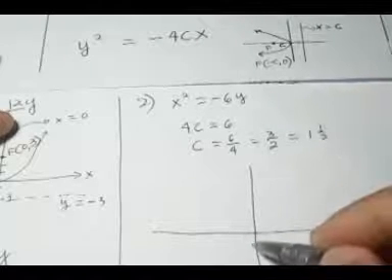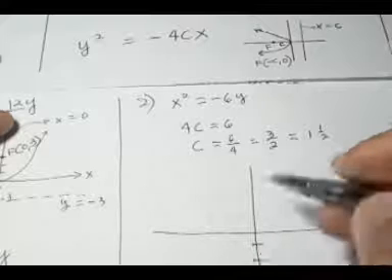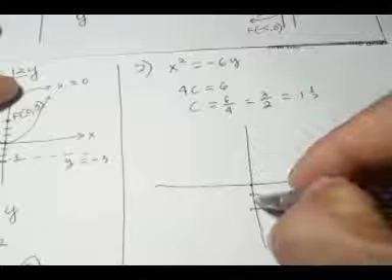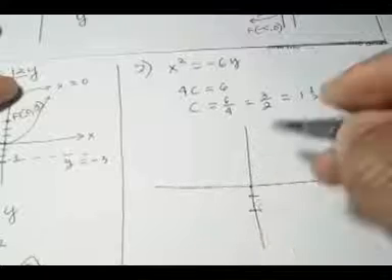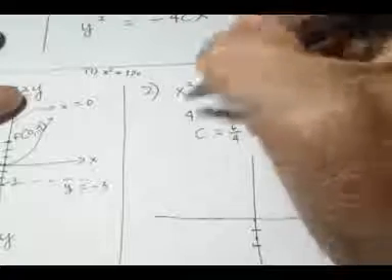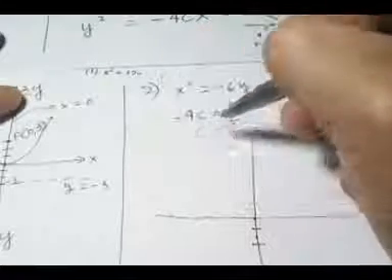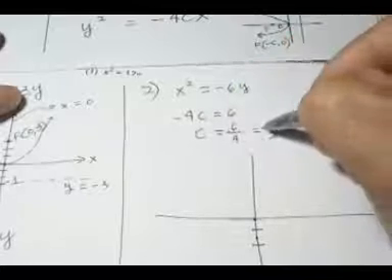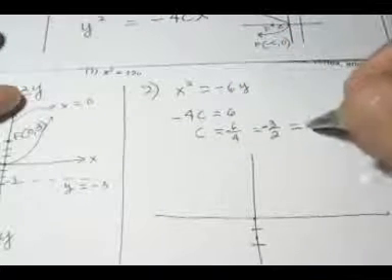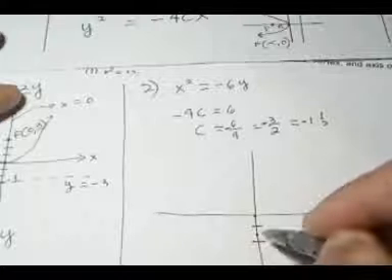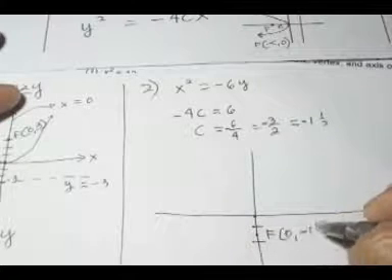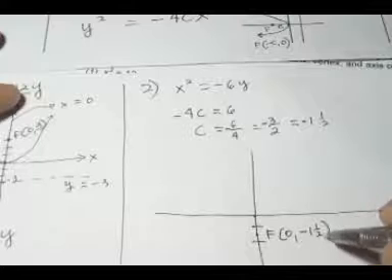So if this is 1 and 1 half from the vertex, our c is here. Rather, if this is -4c, then this is negative, and this is -1 and 1 half. So our focus is (0, -1 1/2).